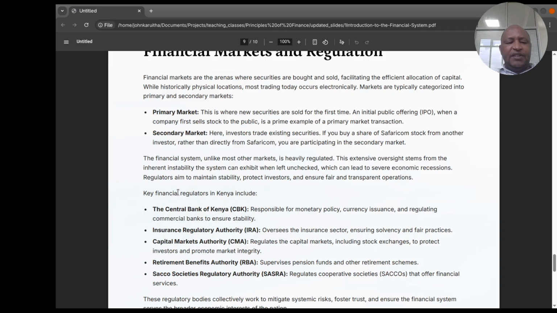The key regulators in Kenya are the Central Bank of Kenya. This is a regulator that is in charge of commercial banks, a section of SACCOs, a section of mobile money payments, and so on. We have the Insurance Regulatory Authority, IRA. It is a government body that is in charge of the insurance sector.